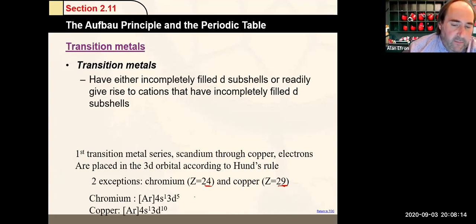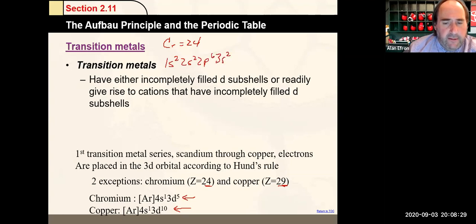It has been found to be more experimentally stable in this configuration. If we look at chromium, which is 24, and if you follow that zigzag method: 1s2, 2s2, 2p6, 3s2, 3p6, 4s2, and 3d4. 2, 4, 10, 20, 24. This is what you would come up with.